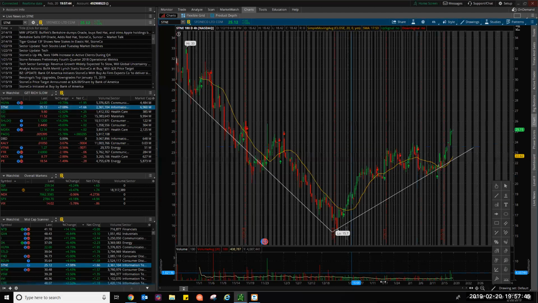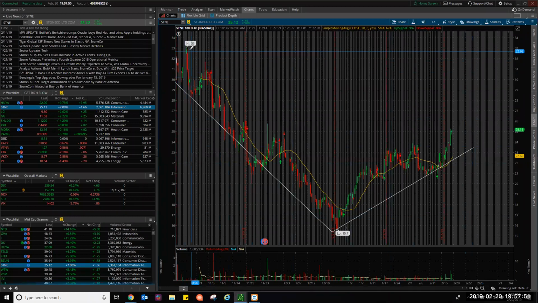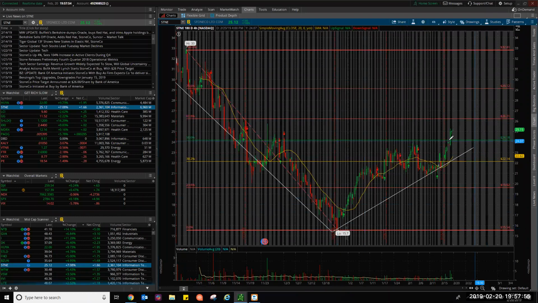I have to kind of look at where I would like to buy. Right now it's in a strong trend, so I can buy, but I'm not sure where I want to buy. I don't know if it's going to drop tomorrow. I would like to see a drop so I can get a better price and then go back up.